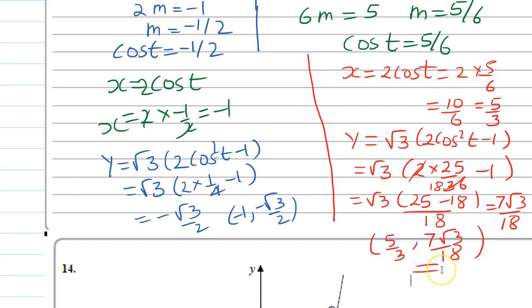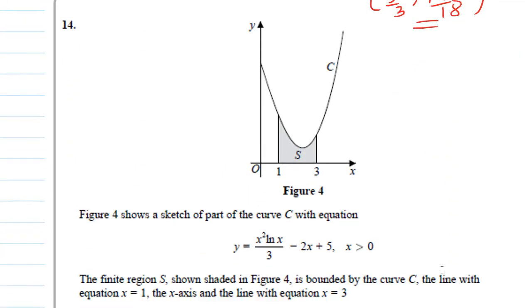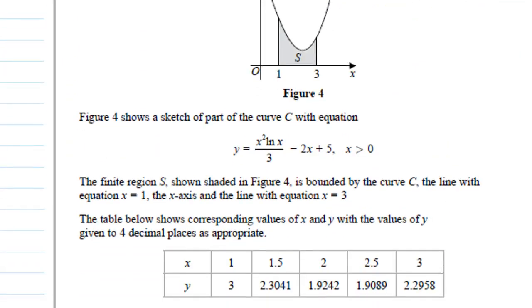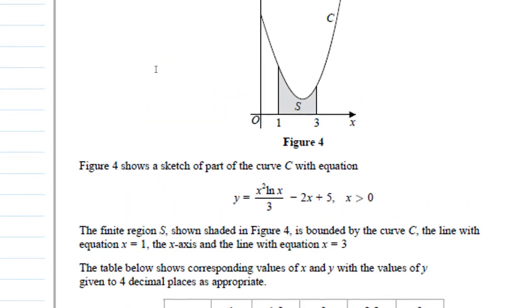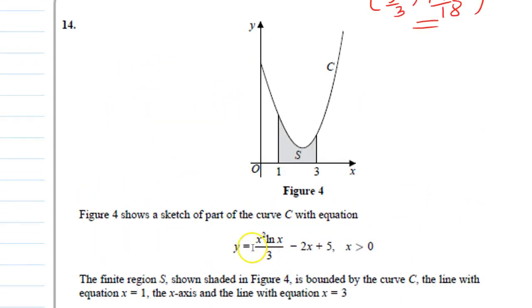Now if you see the next question, that is based on the trapezium rule. Here it is given a sketch of the diagram, and it is given y is equal to x square ln x over 3 minus 2x plus 5, x greater than 0, and x is given 1 here and x is 3.